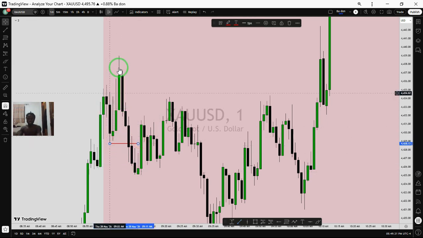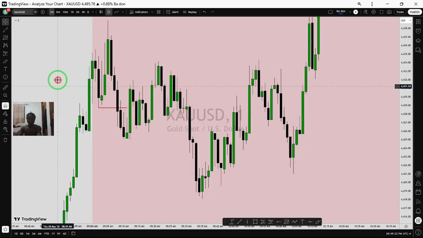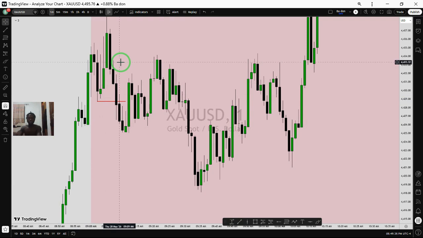Once we have this structure, we want to see another structure. We want to see another valid structure. Now, as you can see, this is a swing low right here, and this is a swing high. Here we have another valid structure.